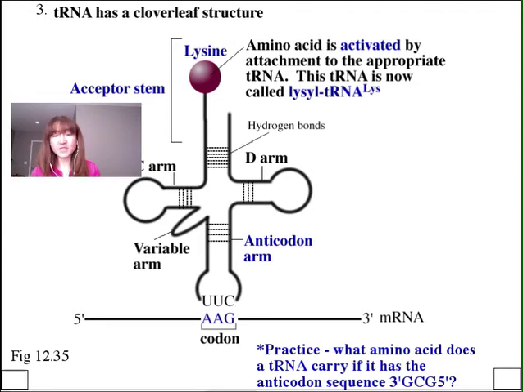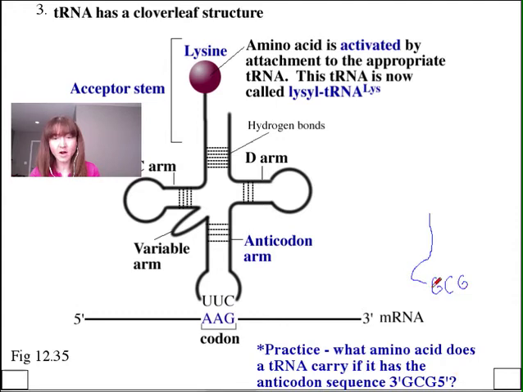I find that it helps to go ahead and draw out a bit of the anticodon arm to just sort of give the view of what will be happening on the anticodon arm and then the corresponding codon that it pairs with. So there's our anticodon GCG, and it is written in the 3' to 5' direction.